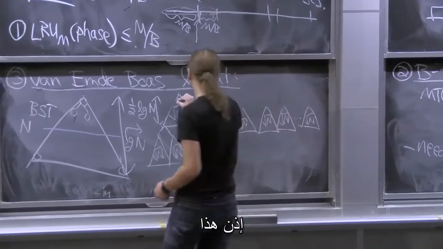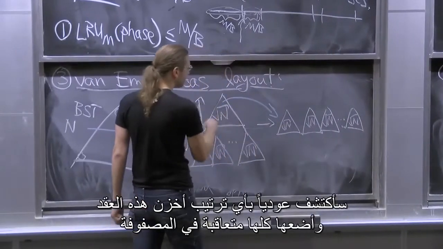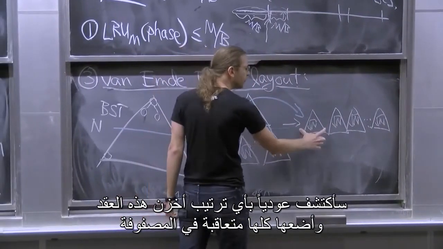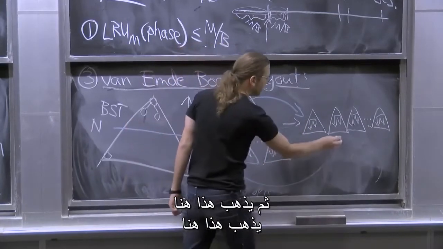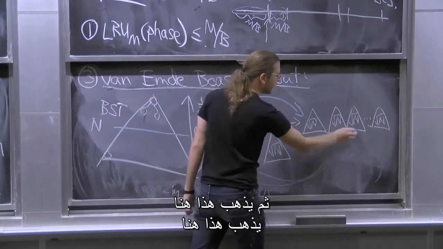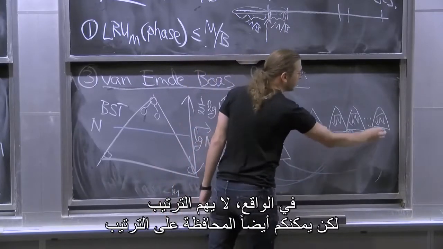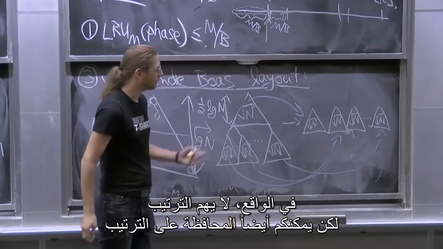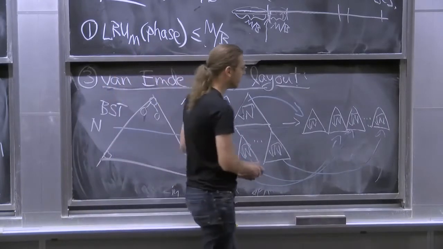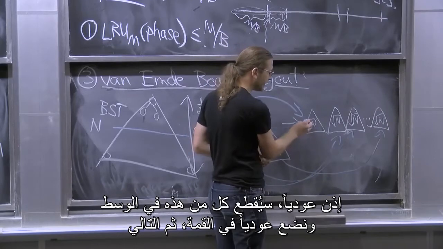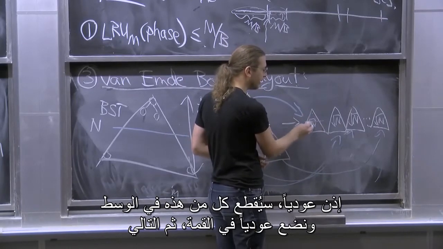So for this one, I'm going to recursively figure out what order to store those nodes, and then put those all as consecutive in the array. And then this one goes here. This one goes here. Actually, the order doesn't matter, but might as well preserve the order. So I'll do the top one, then the bottom ones in order. And so recursively, each of these is going to get cut in the middle. Recursively lay out the top, then the next one.